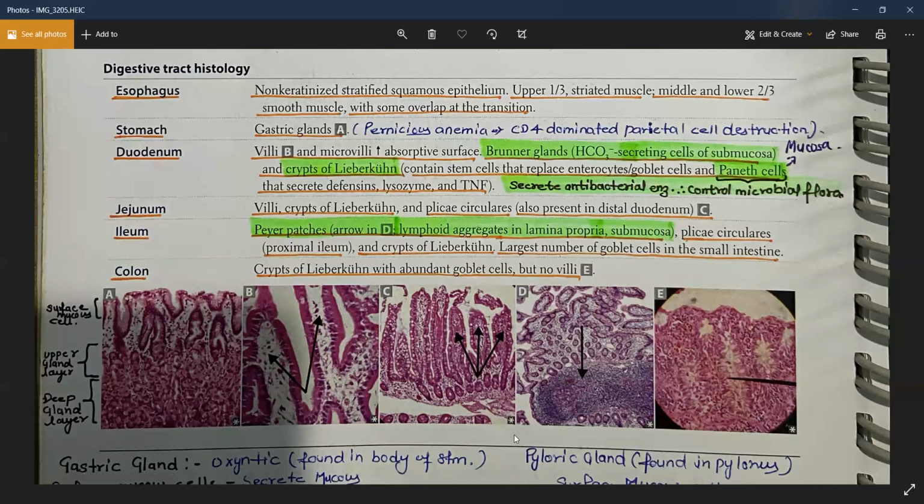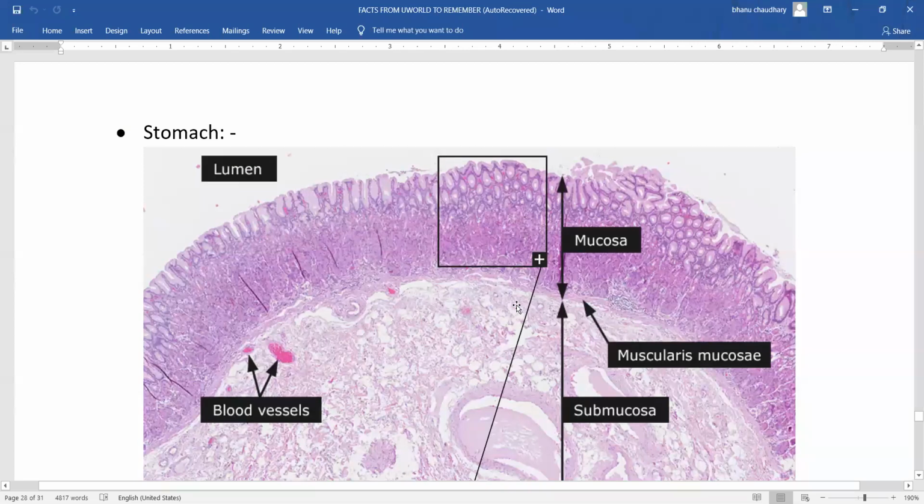If I open my file again, just give me a second. As you can see, these are the pits. Then you have a superficial glandular layer, and then a very deep glandular layer.